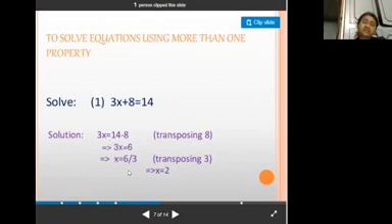So x is equal to 6 divided by 3, that is x is equal to 2.